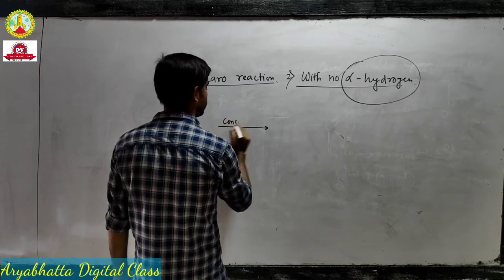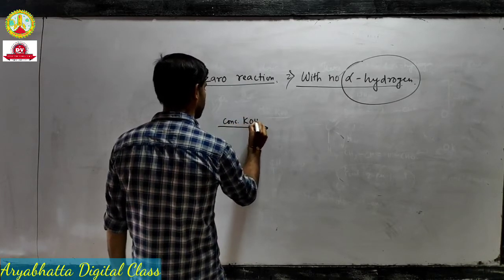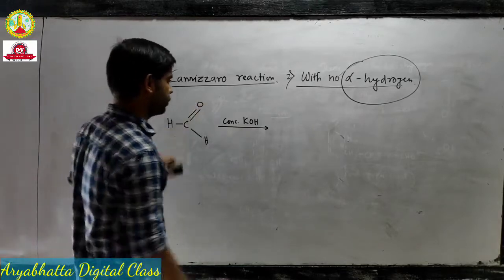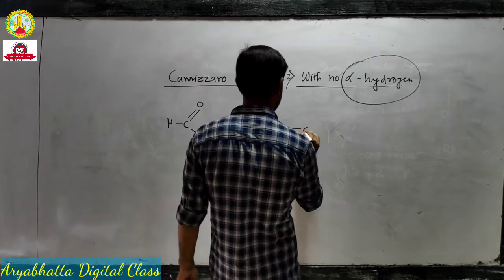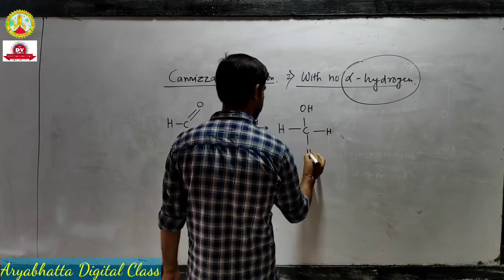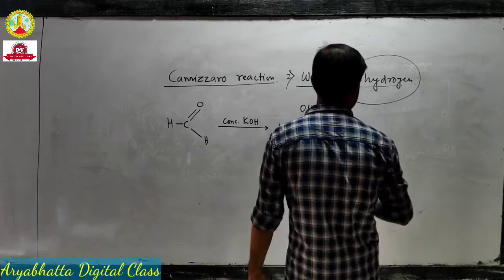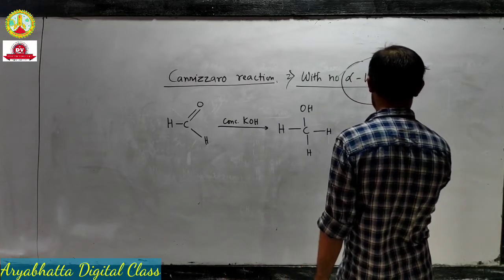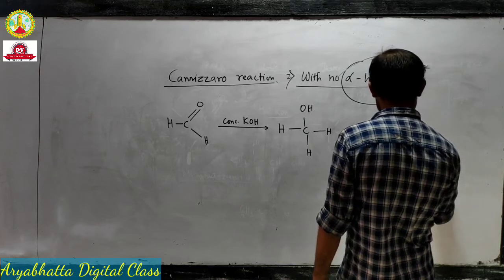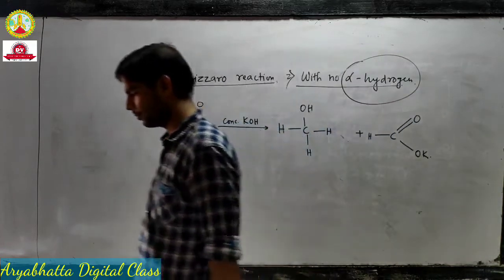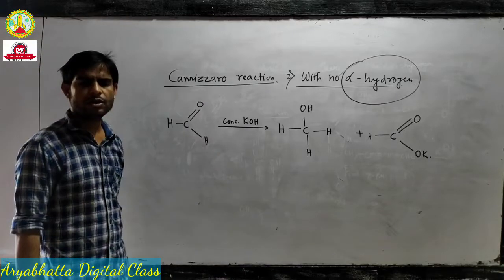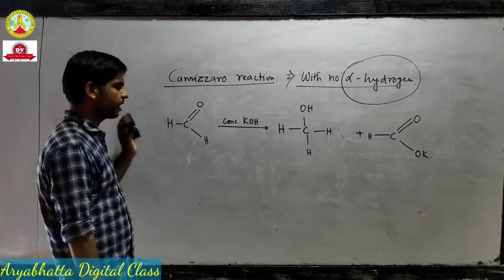We use concentrated KOH. What I said: add H and H. One product is the alcohol and the other is the acid salt. Got it? It's easy. Cannizzaro reaction is not that difficult.